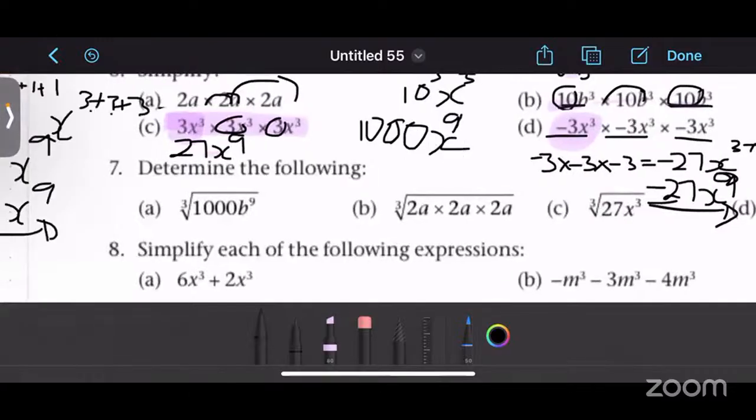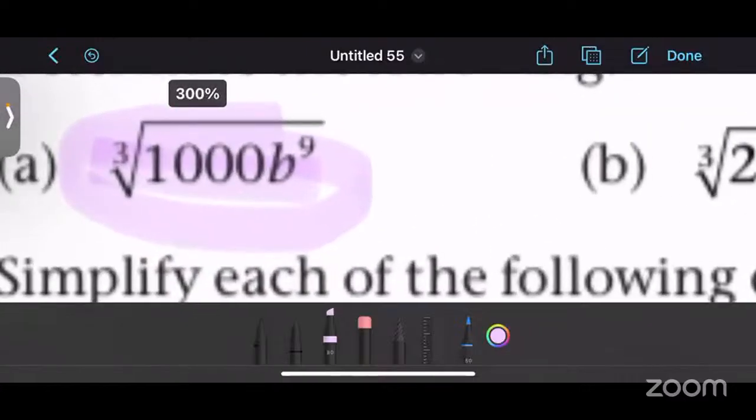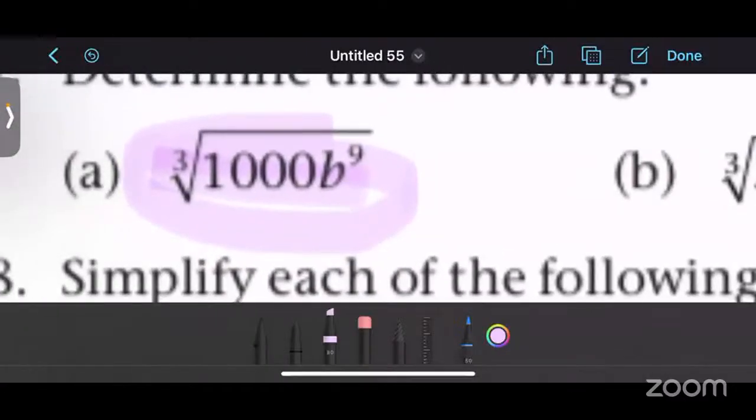Now we have to determine the following. What do we call this? How do we call it? Guys, how do we call it?